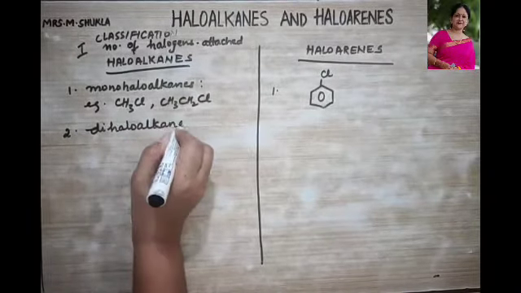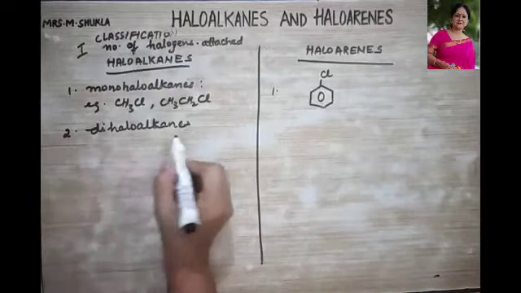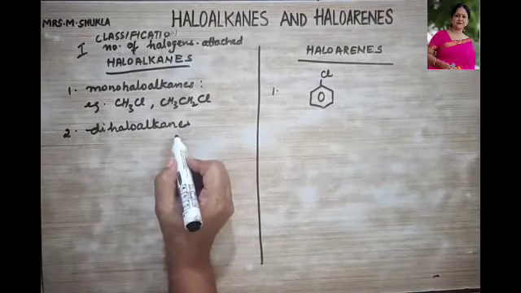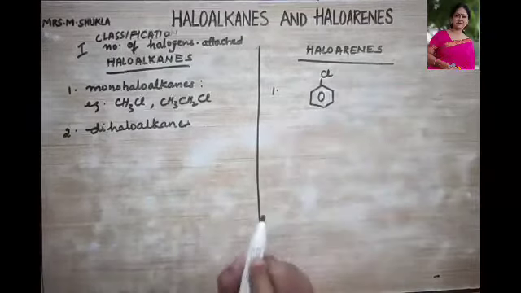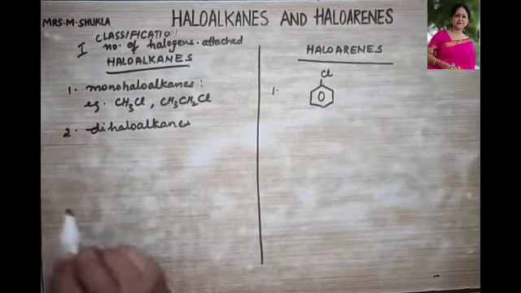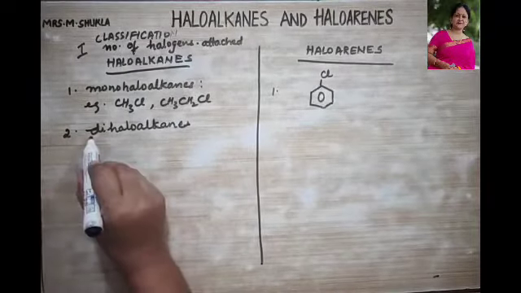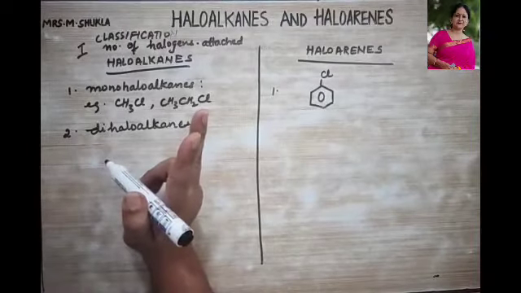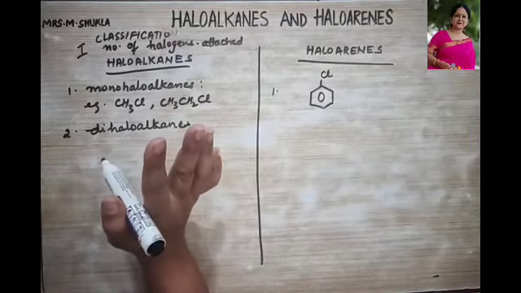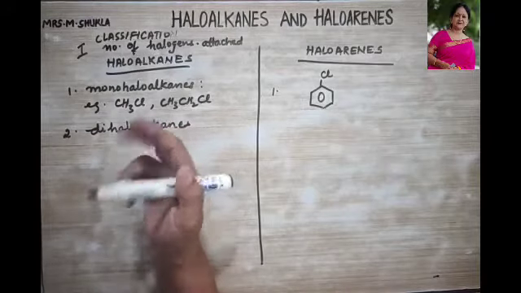Next we come to dihaloalkanes. Haloalkanes can be dihalo, and arenes can also be dihaloarenes. The word di means two halogens are attached, right? It can be of two types.